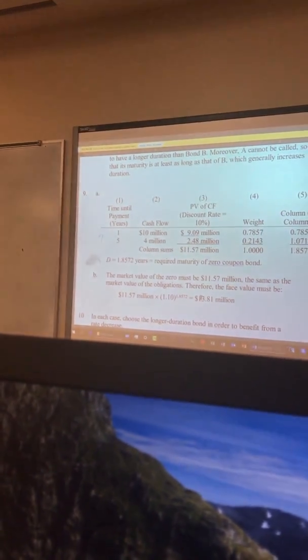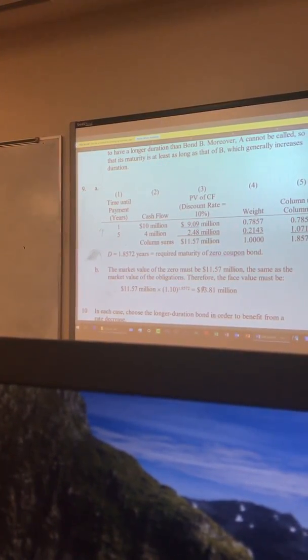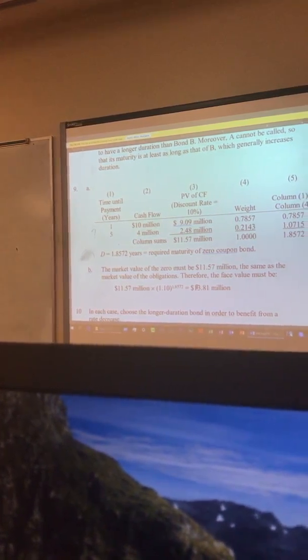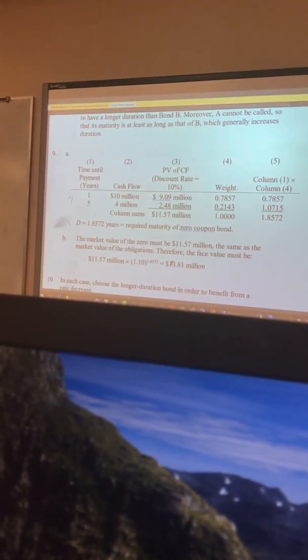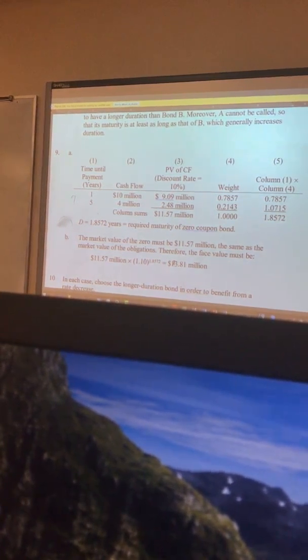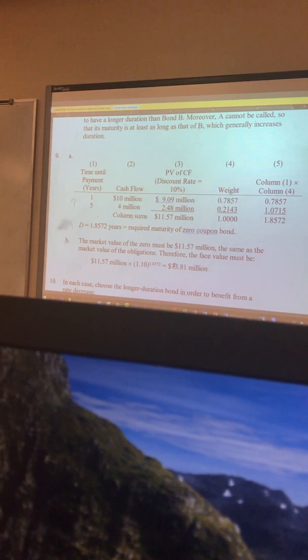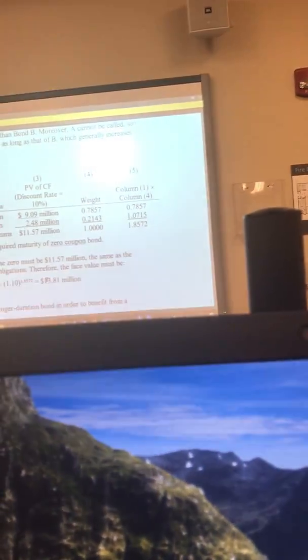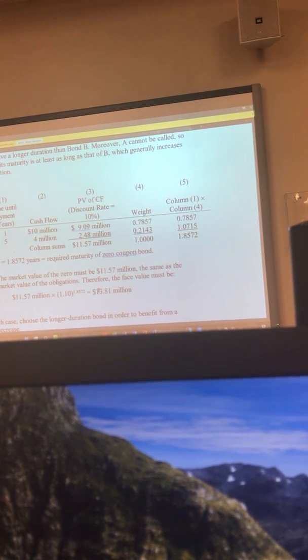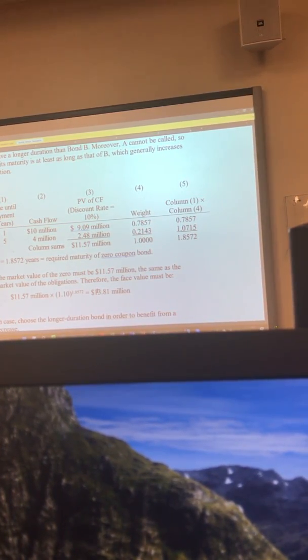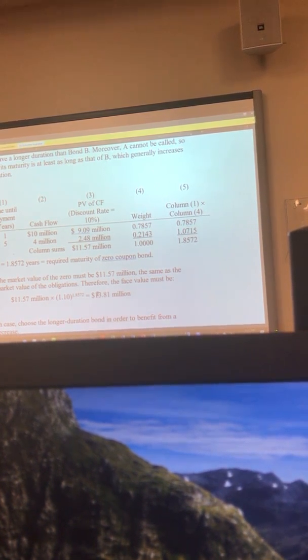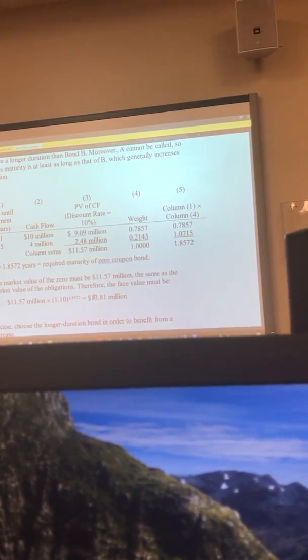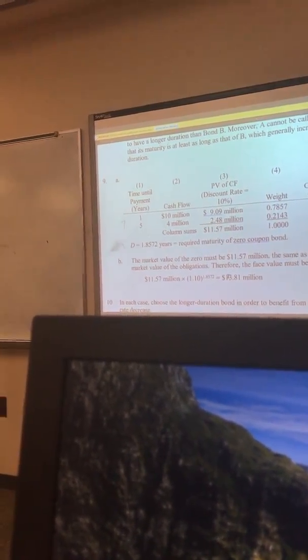If it invests in a zero coupon bond with an equal duration, it will no longer have to worry about interest rate risk because they will be matched. Or, as a doctor would say, they'd be immunized. So, the required maturity of the zero coupon bond is equal to the duration of the liability.